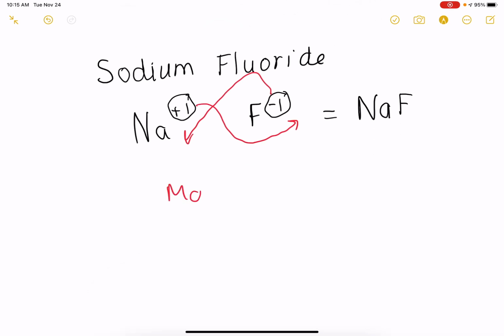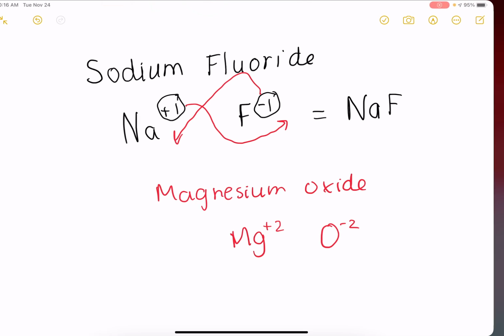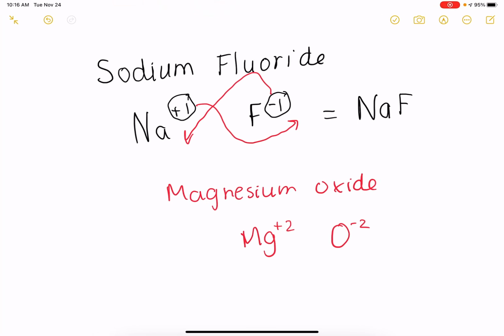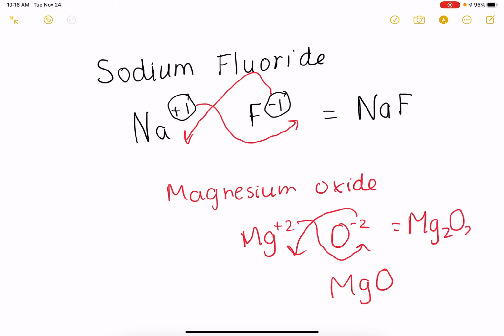The same thing happens when, let's do magnesium oxide. Magnesium is a +2 and oxide is a -2. So those are actually already balanced too. The +2 and -2, they balance each other out. So really the answer is actually just MgO. Some people like to go 2 and 2 and write Mg2O2.